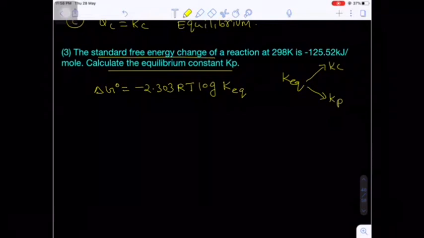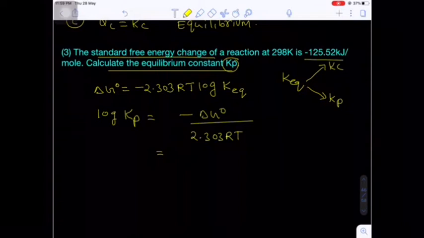In the question, the equilibrium constant asked is Kp. So our equilibrium constant is Kp. Now log of Kp is equal to minus delta G naught whole divided by 2.303 RT.